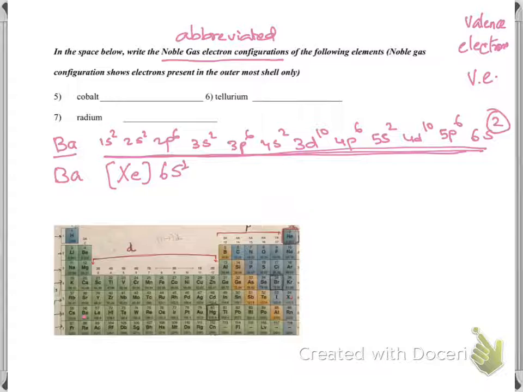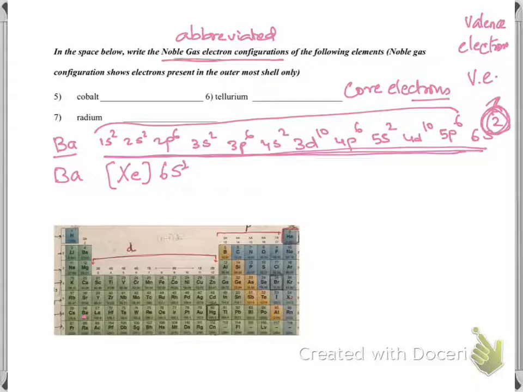If the element has to lose electrons or gain electrons or share electrons, the chemistry basically takes place here. So we just want to know how many valence electrons in the outermost shell are present. And all these electrons up till here are known as core electrons.